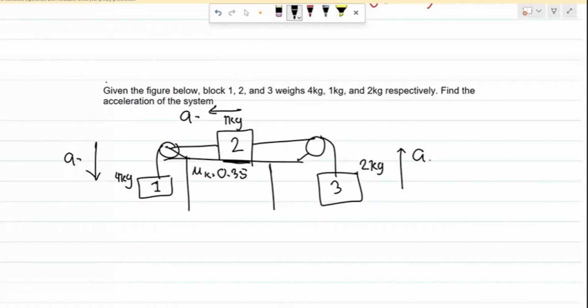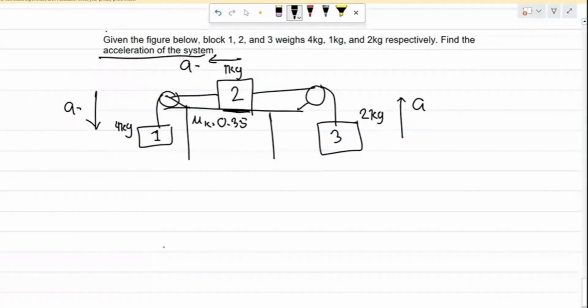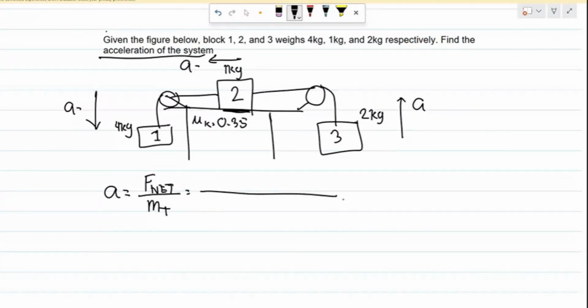So we have no problem here. We just need to find the acceleration of the system. Acceleration is simply the net force over the total mass. Block number 1 provides the main aiding force, and that is the weight of block 1, W sub 1.